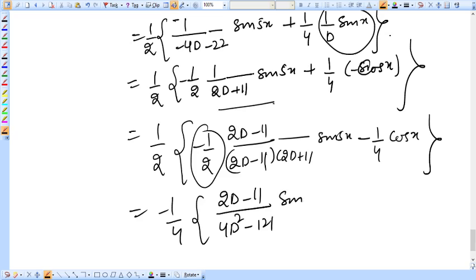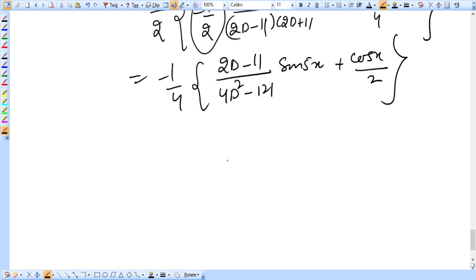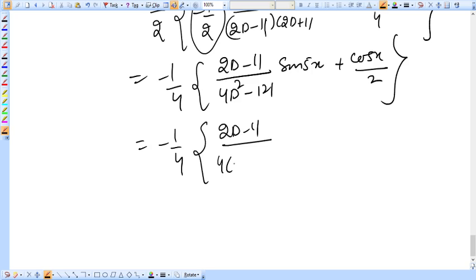Okay, sine 5x. So minus 1 by 2 outside, so we are left with 1 by 2 inside. Okay, cos x divided by 2. Again you can change d square by minus 5 square. Okay, so 2d minus 11 divided by 4 minus 5 square minus 121 sine 5x plus cos x by 2.